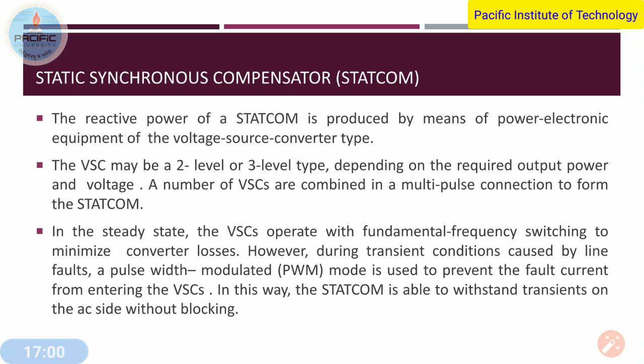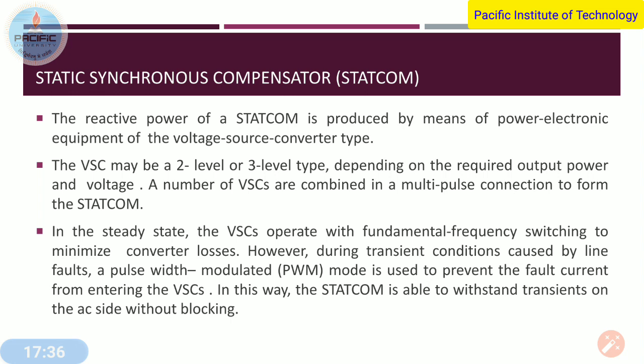In the steady state, the voltage source converter operates with fundamental frequency switching to minimize converter loss. But during transient conditions, which are caused by line faults, the pulse width modulation mode is used for switching of the voltage source converter to prevent the fault current entering the VSC. To save the voltage source converter from the fault current, it can be operated in PWM mode.